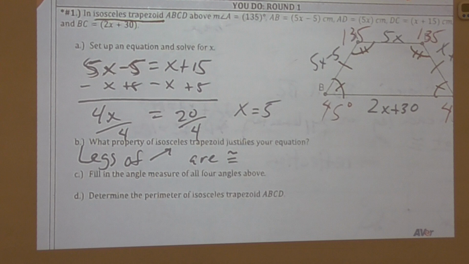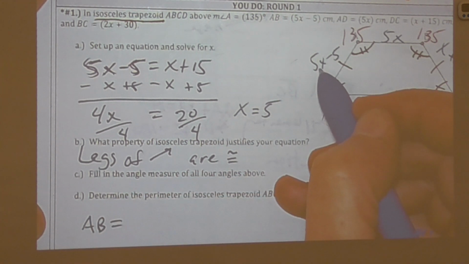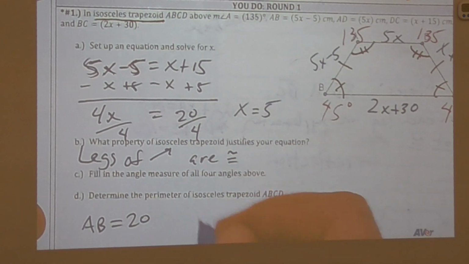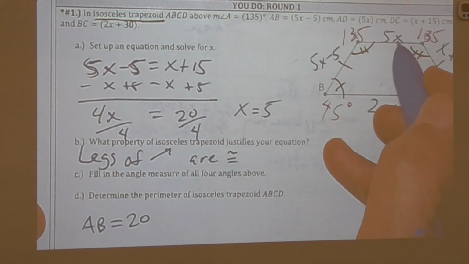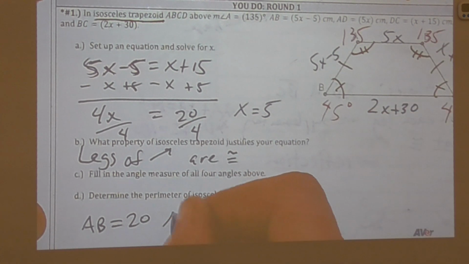All right, so we know x equals 5. So if x equals 5, then AB equals, so we have 25 minus 5 is 20. We have AD is 5x, so that's 5 times 5 is 25.